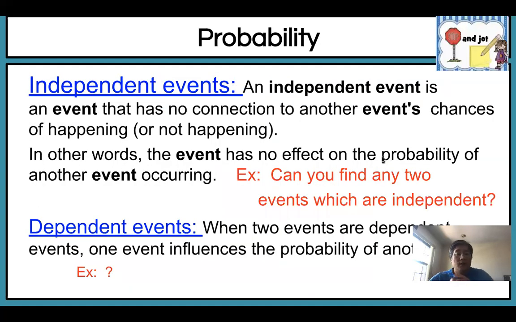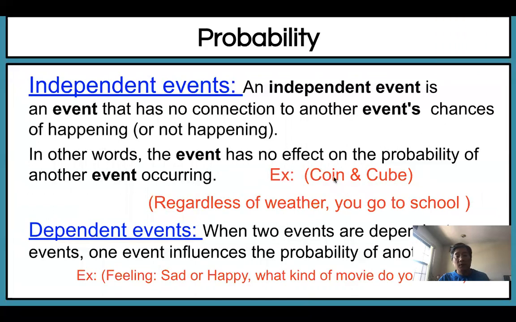Now, what are independent events? Independent events are events where one has no connection to the chances of another happening. In other words, the event has no effect on the probability of another event occurring. Can you find any two events which are independent? Let's see with an example.